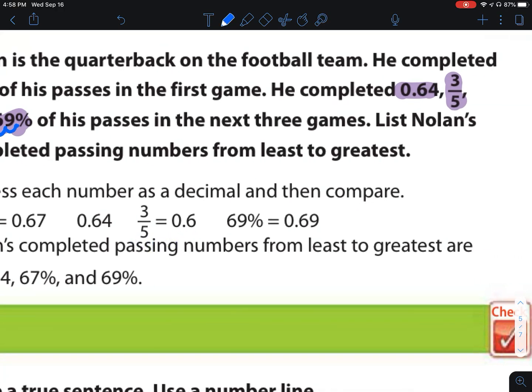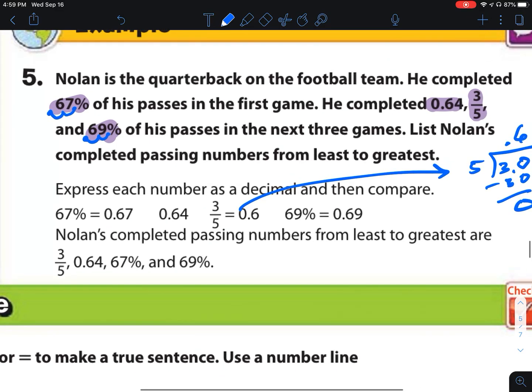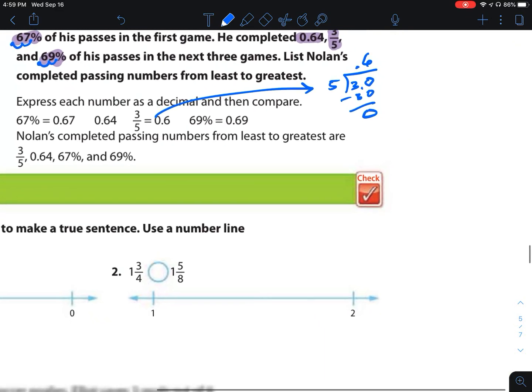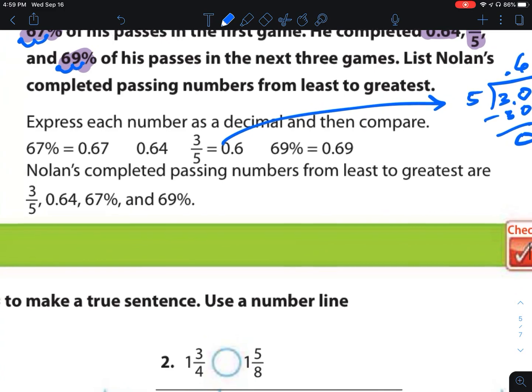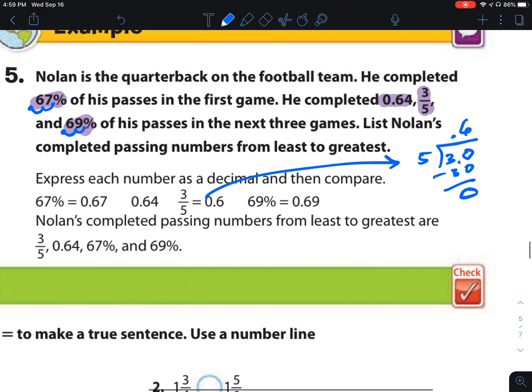3/5, for us to be able to get the decimal, we did 3 divided by 5. Decimal there, bring it up, add a 0. 5 there, 6, 5 sixes are 30, subtract, 0. And that's how you get 0.6. 69%, again, moving 2 spaces to the left, will give you 0.69. So now we apply the skill that we learned in the last example.